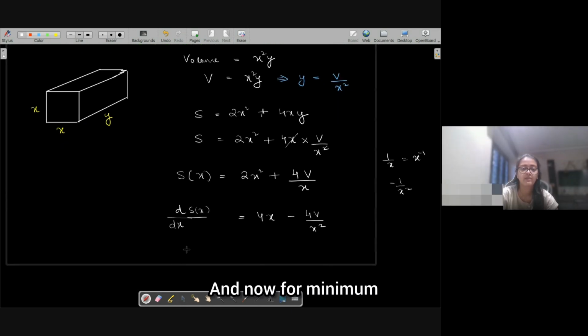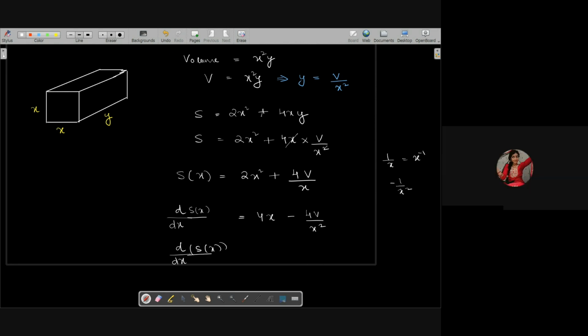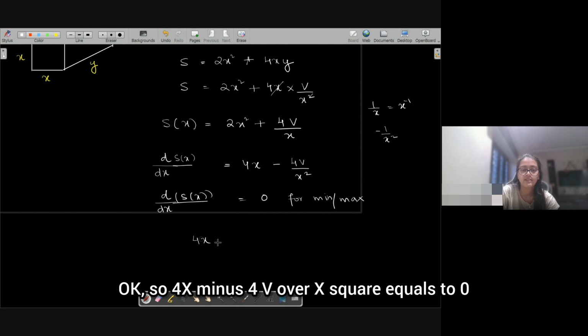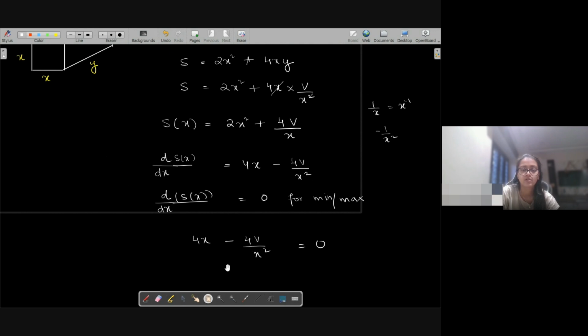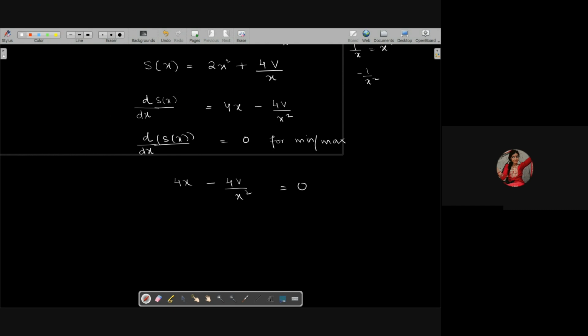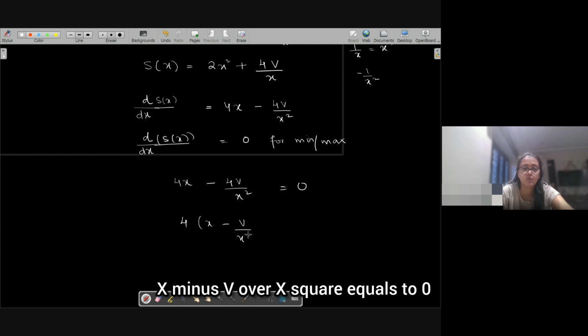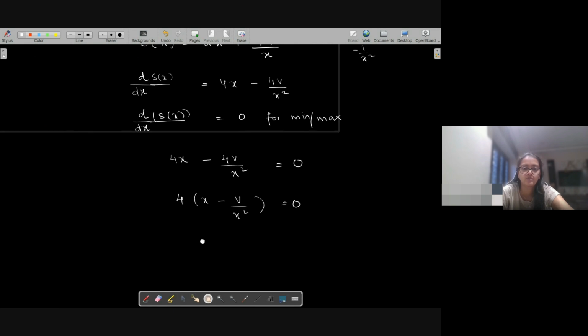And now for minimum or maximum value, we need this thing equal to 0. So 4x minus 4v over x squared equals 0. You can factor out 4. x minus v over x squared equals 0.